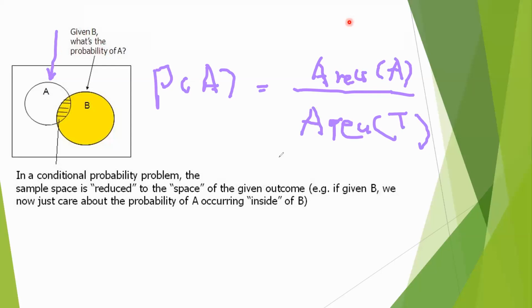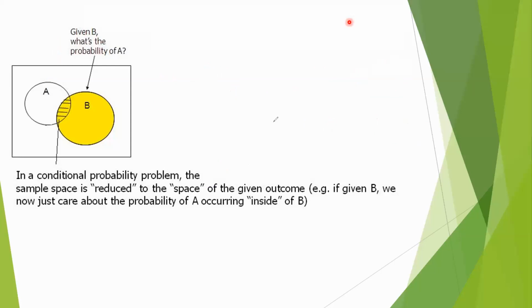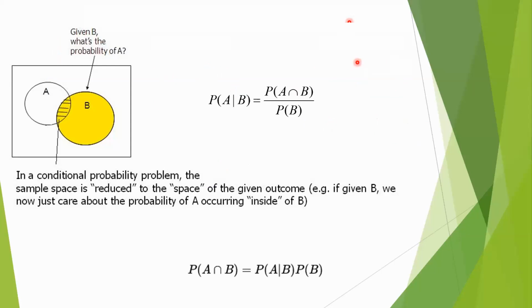That's the absolute probability, or just the probability of event A. The same for B. But sometimes, if we are interested in something like this, we want to calculate the probability of A given that B also occurs.